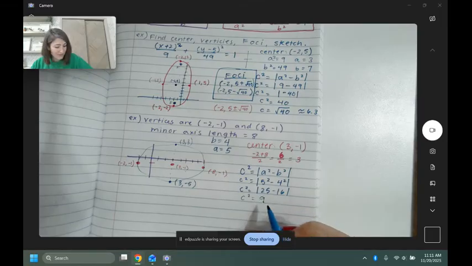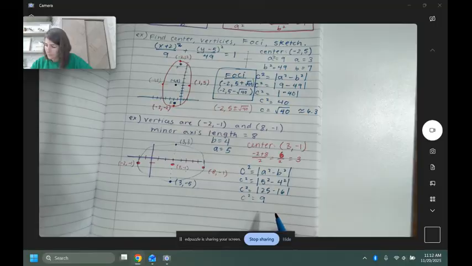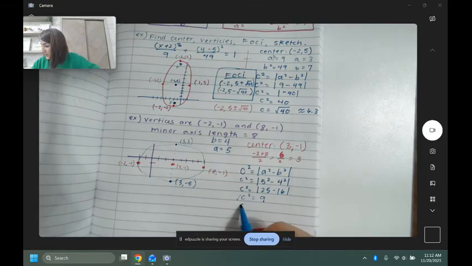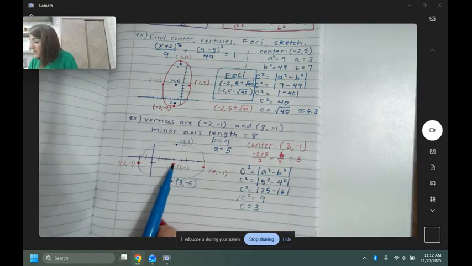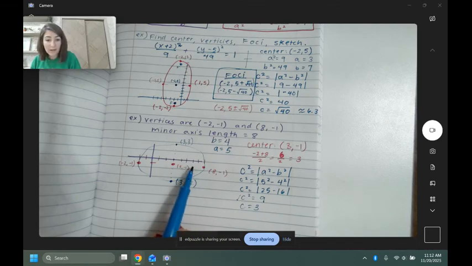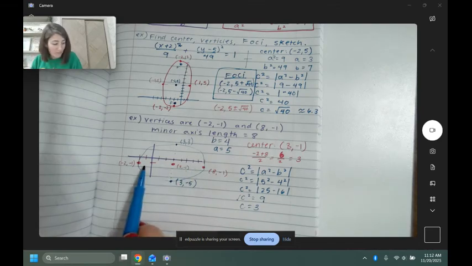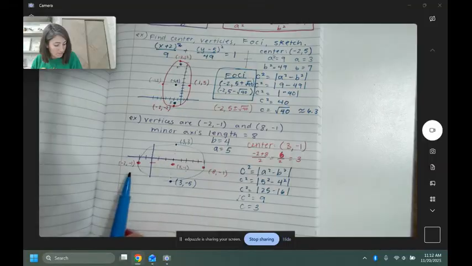Is that right? Yes, 25 minus 16 is 9. Square root both sides, so C is 3. So your focus is going to be 3 away, 3 away from this point in both directions.